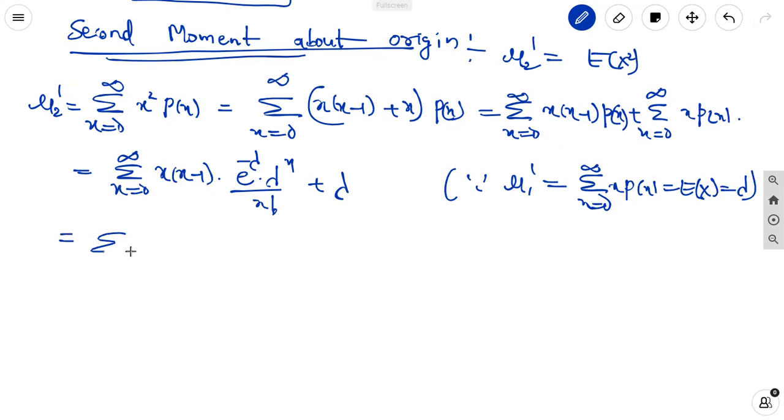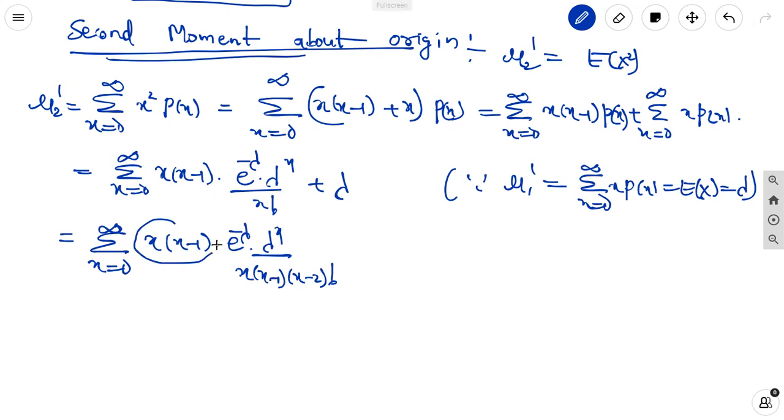It is equal to summation x equal to 0 to infinity x into x minus 1 into e power minus lambda, lambda power x by x into x minus 1 into x minus 2 factorial. These two are eliminated. That is nothing but 0 and 1 are eliminated. So plus lambda.